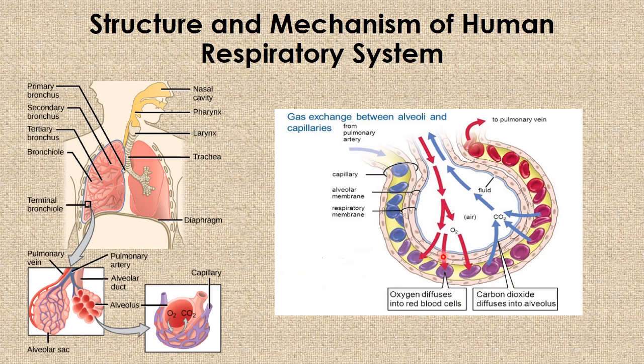Once oxygen enters into it, it changes the color of the red blood cells. So the blood now becomes oxygenated, whereas the waste product, which is carbon dioxide, diffuses out of the blood into the alveolus, and it moves out, and we breathe it out in the form of exhaled air. So this is how the respiratory system works.